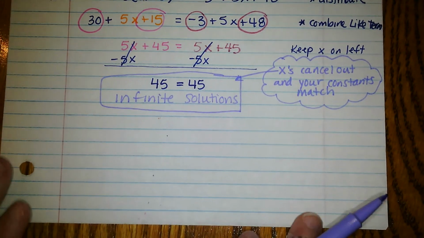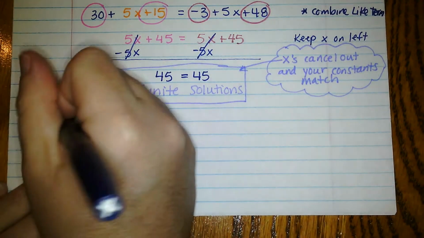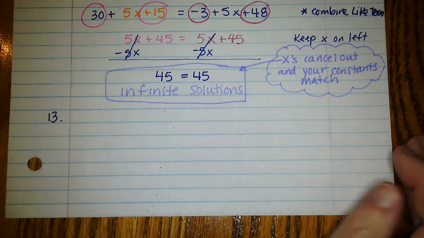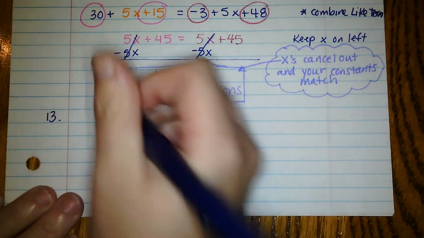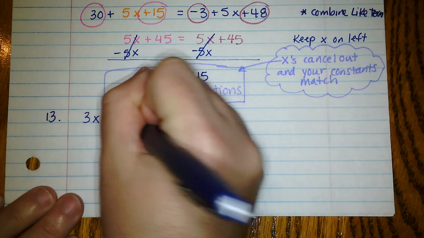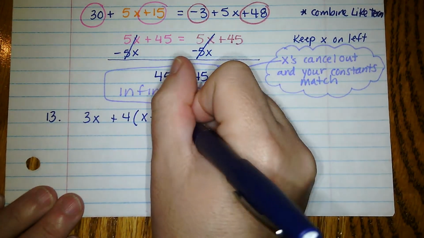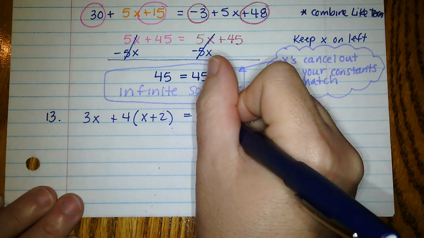Okay? Last one of the week. Last one. Preparing you for your quiz that you're going to take. 3x plus 4 times x plus 2 equals 11 plus 7x.